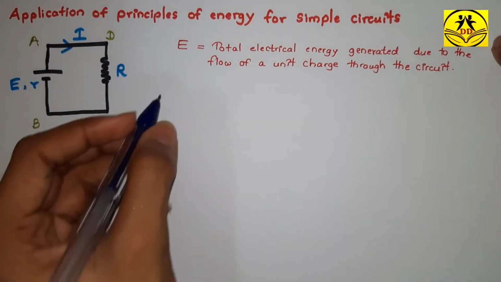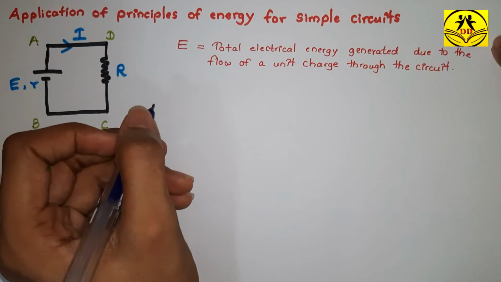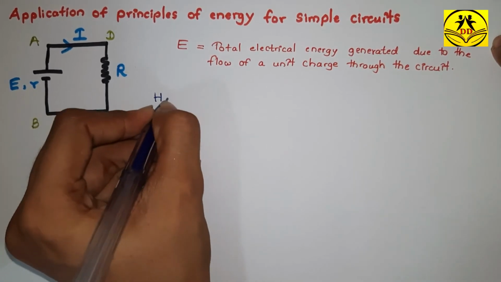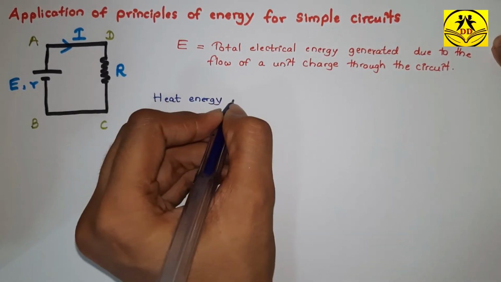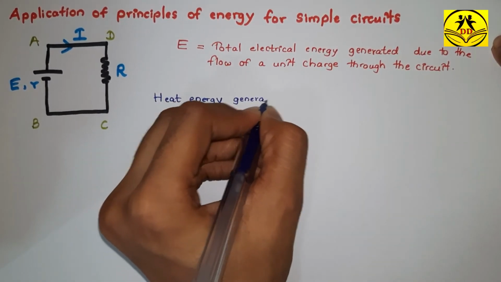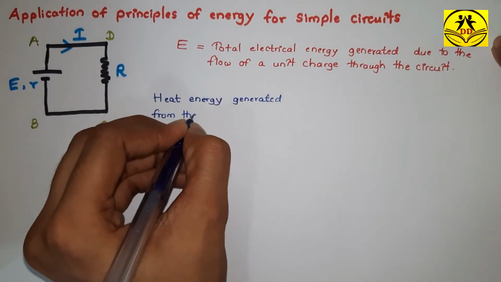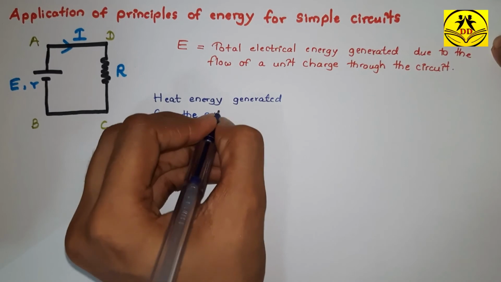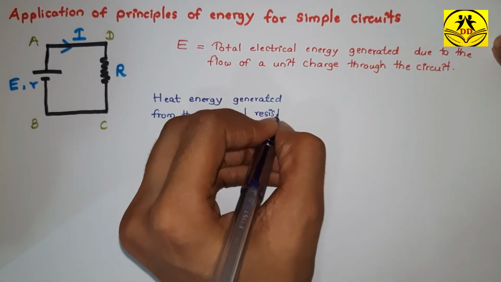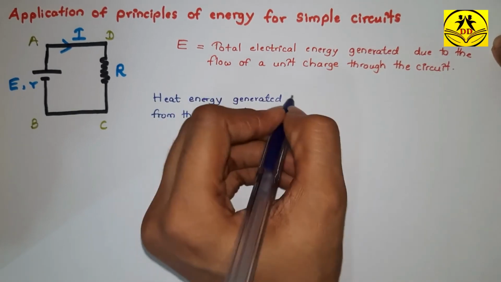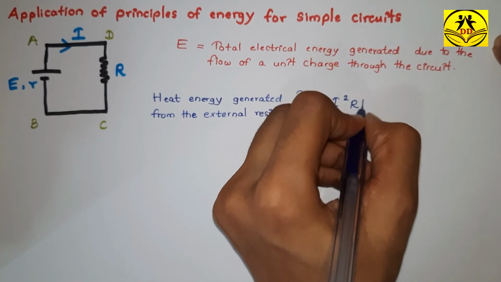So we can write the heat energy generated from the external resistor equals I squared RT.